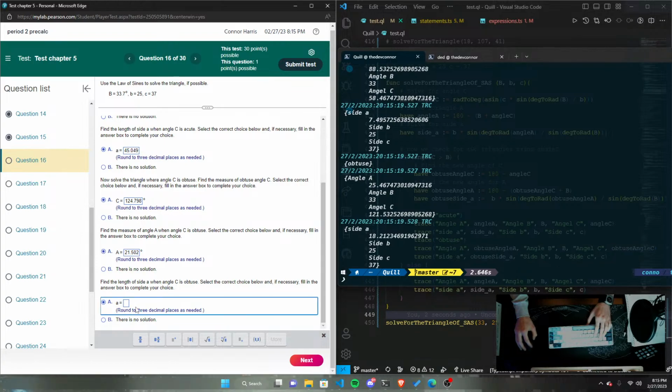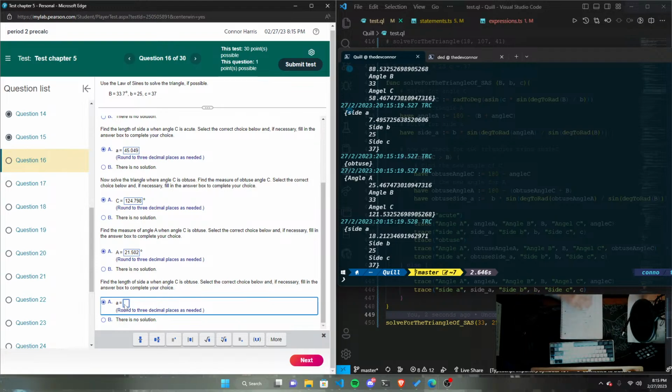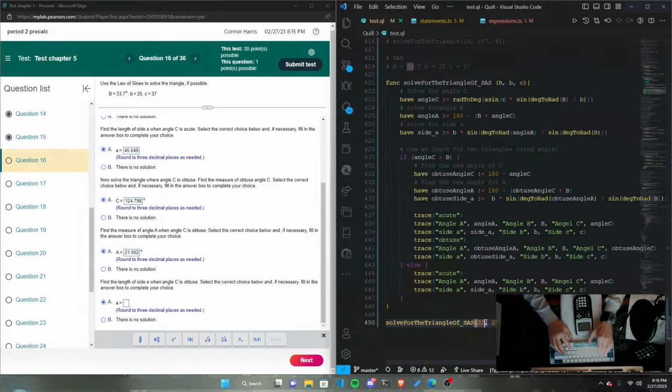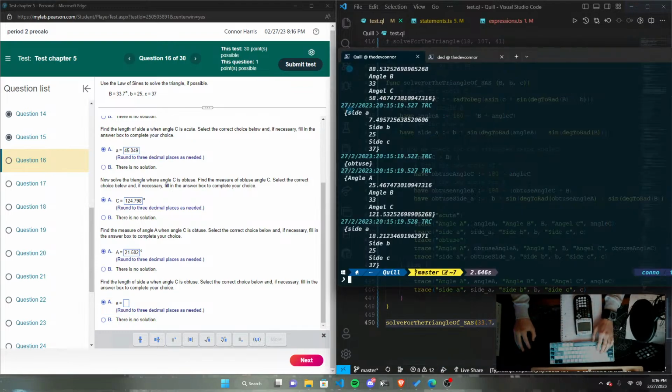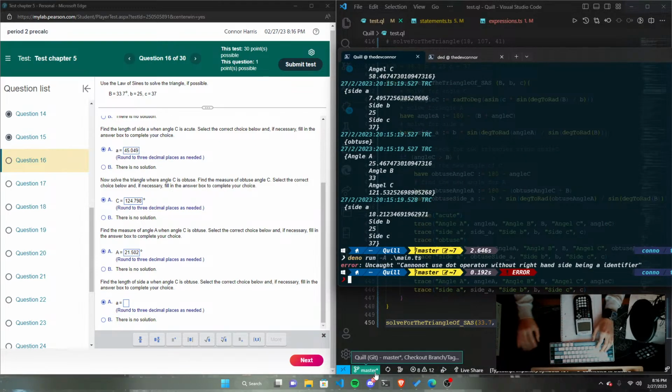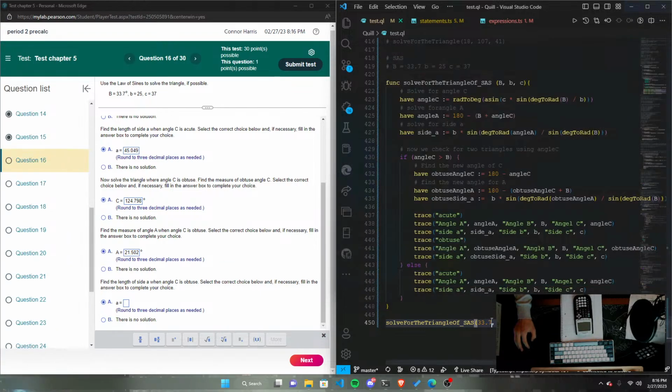Cool. So now we need to solve for side A on this one. These actual problems, since we don't have decimal points implemented, because we can't do 0.7, because that will throw an error. As we can see, because we have a cannot, with the misspelling, use dot operation without right hand being an identifier, which is a bit of a problem. I do have to somehow implement that, or remember to, when I have time not doing math homework.